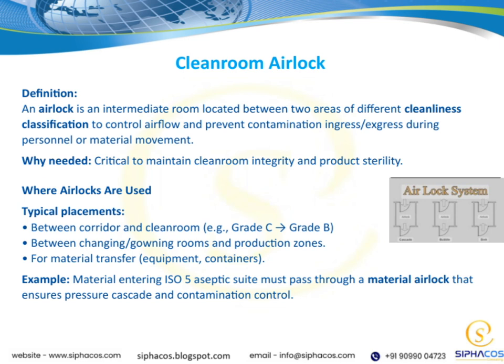For example, when material enters an ISO 5 aseptic suite, it must go through a material airlock. This ensures that the right pressure cascade is maintained and helps prevent any contamination from slipping in. So, in essence, airlocks are vital components that help us preserve the strict cleanliness standards required in these environments.